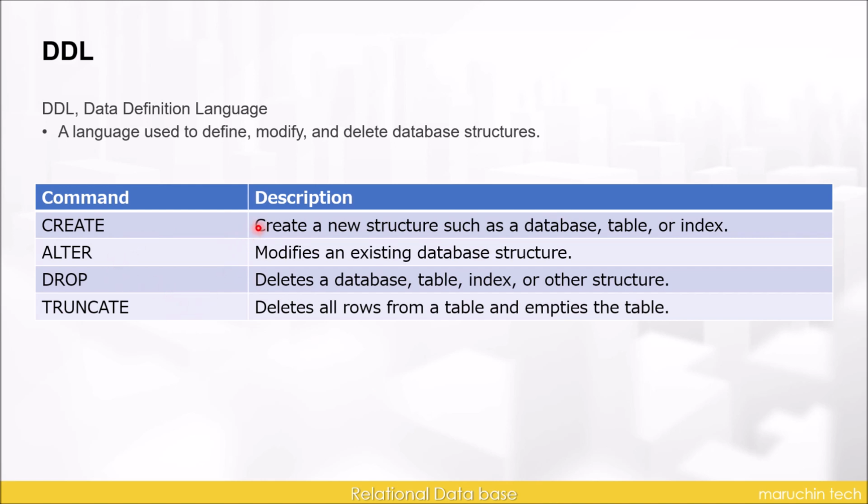Create is a command to create a new structure such as a database, table, or index. Alter modifies the existing database structure, and drop deletes a database, table, index, or other structure. And truncate deletes all rows from the table and empties the table.